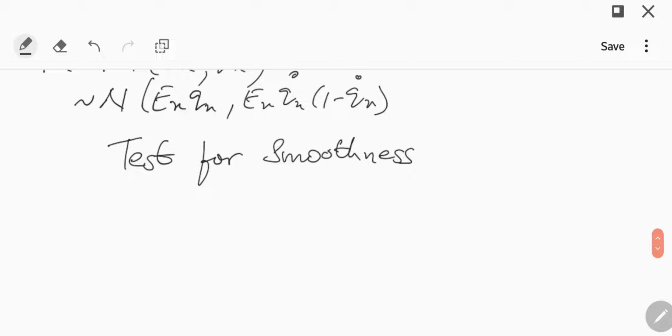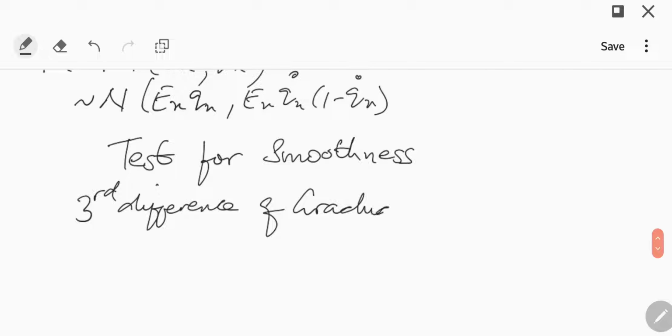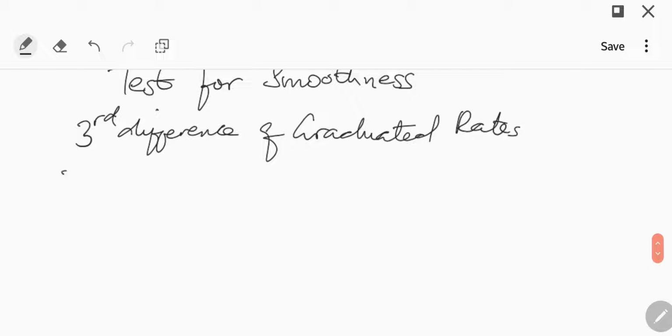Whatever the distribution we're using for the graduation purpose, the best way to test for smoothness is to take the third difference. Whatever model you're using, you take the third difference of the graduated rates. When I say a third difference, let's say ages 30, 31, 32, 33, up to 40.